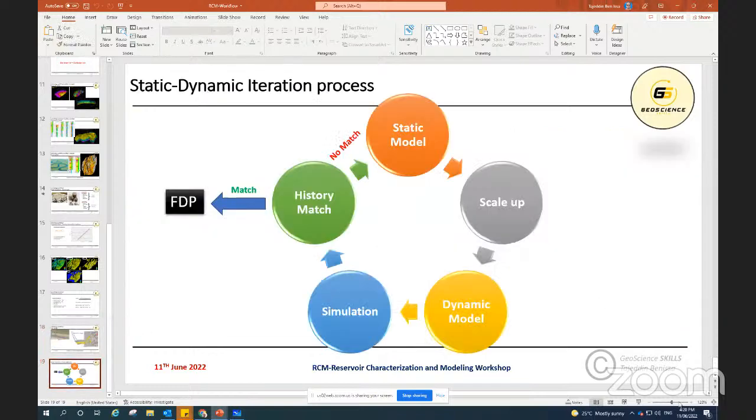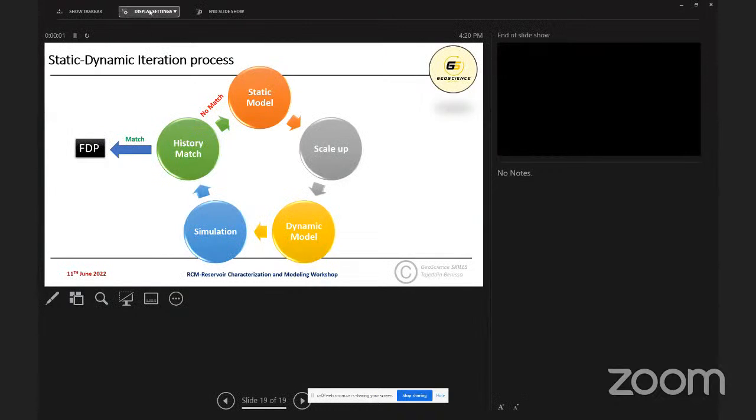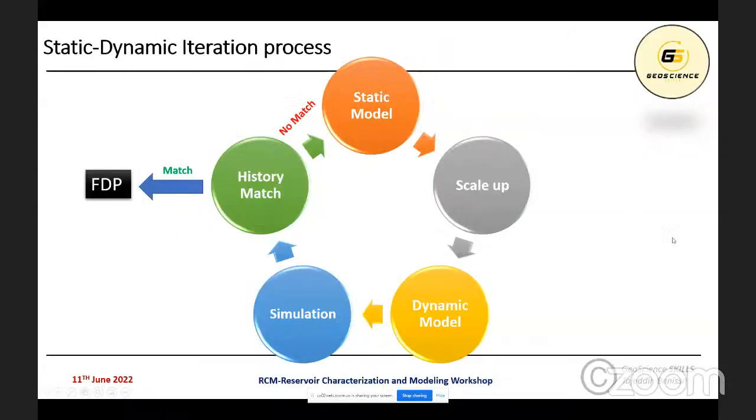Okay, so now I will talk about the final part of our session today, which is the iteration process between static and dynamic. This iteration process is like a repetition.